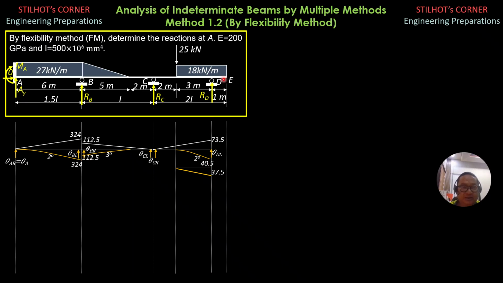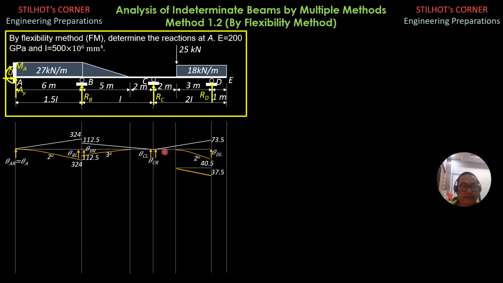But because there is moment here due to this overhanging load, which is negative 18 times 1 times 0.5, 18 times 0.5 is 9. 9 divided by 2 is 4.5. So 78 minus 4.5 is 73.5.